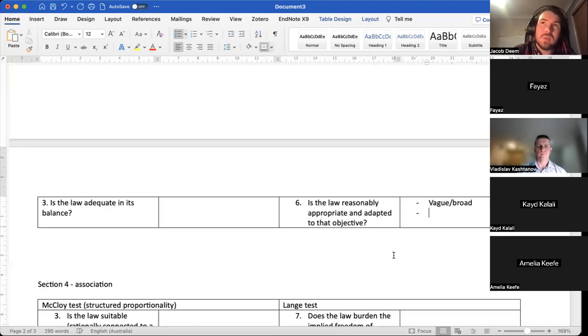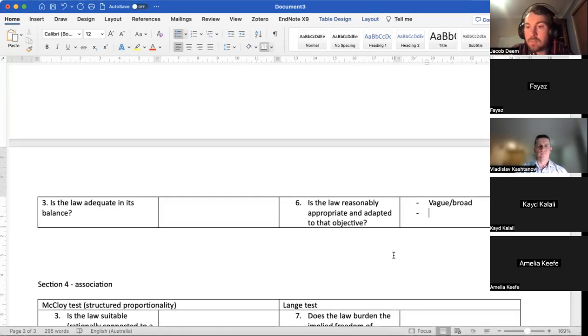That goes to the objective. Should they be trying to restrict this stuff, rather than, have they gone about restricting it in a way that's reasonable or adapted?